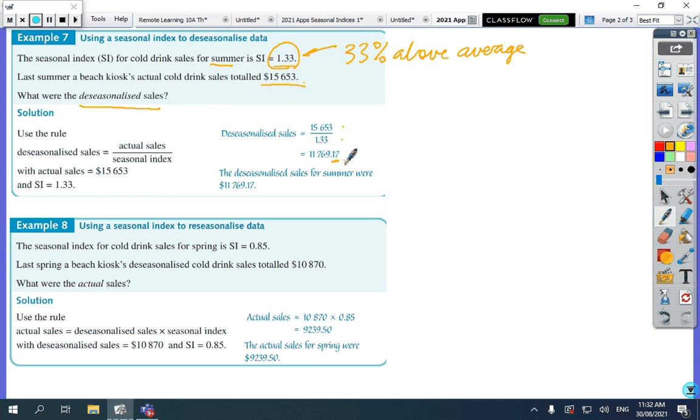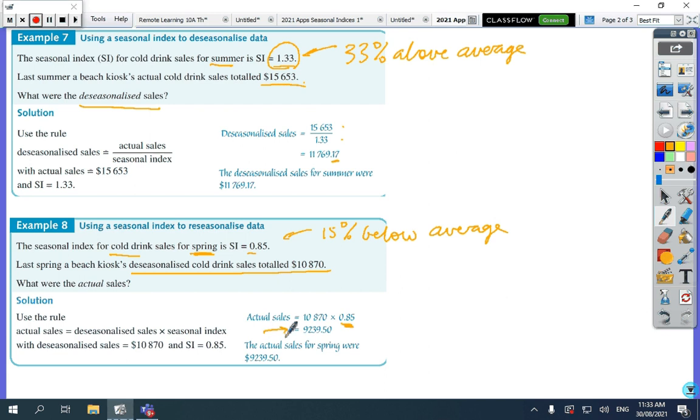Okay, in example 8, for cold drinks in springtime it's 0.85, so the 0.85 means it's 15% below average, and again in springtime you don't expect to sell many drinks, wintertime would be worse. So if the deseasonalised figure is 10,870, we're going to multiply to go back to the actual sales.